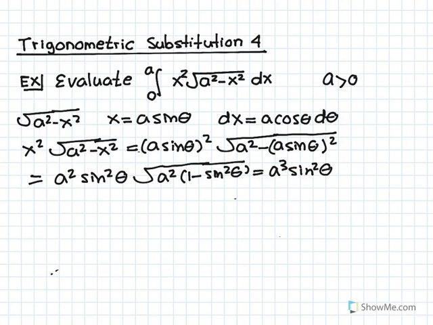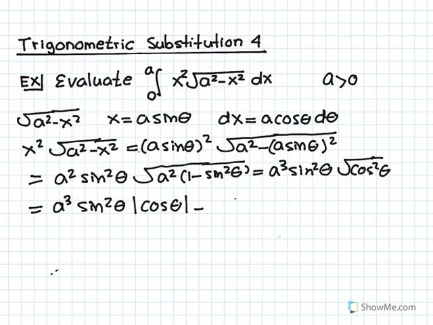So 1 minus sine squared theta is cosine squared theta. So we get root of cos squared theta. But root of cos squared theta is just going to be the absolute value of cos theta. So we get a cubed sine squared theta, absolute value of cos theta. But because of the way we restrict the angle theta, we can just drop the absolute value and write it as a cubed sine squared theta times cosine theta.